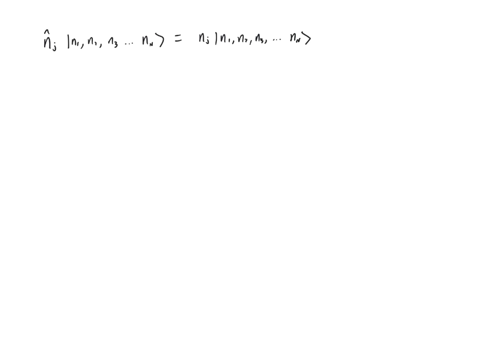And here, notice importantly that this thing is the number operator. This is an operator, note the hat, whereas this is actually the quantum number. This is an occupation number.